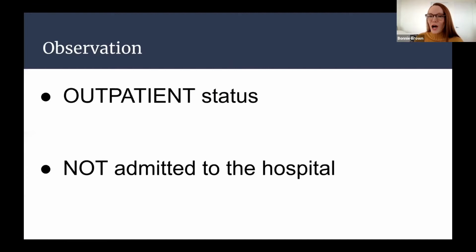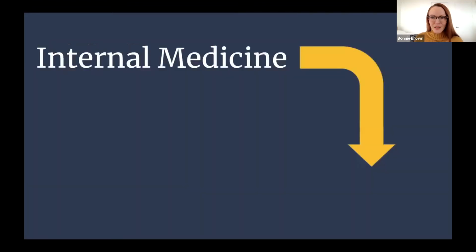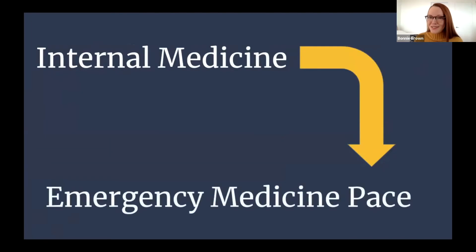So as I said, observation is a status. The patients are not admitted to the hospital. They are outpatient. So these patients, you don't admit someone to observation, you place them in observation status. So it can be described as internal medicine at an emergency medicine pace, which is, our observation units are staffed by hospitalists, and some of them really don't like that pace, and some of them are more okay with it.